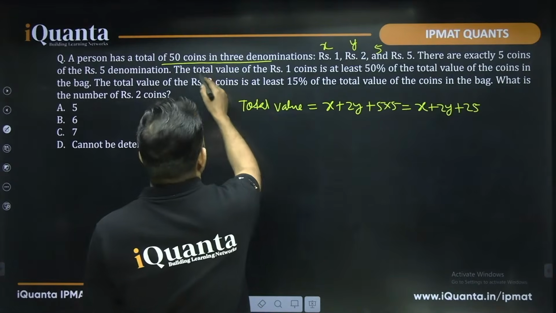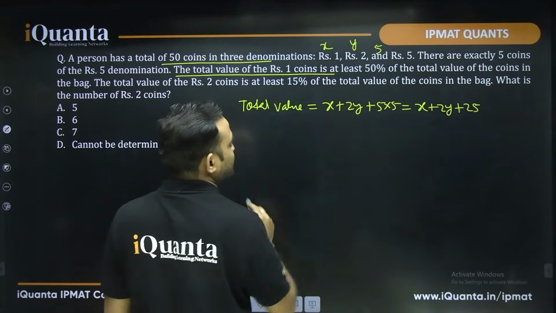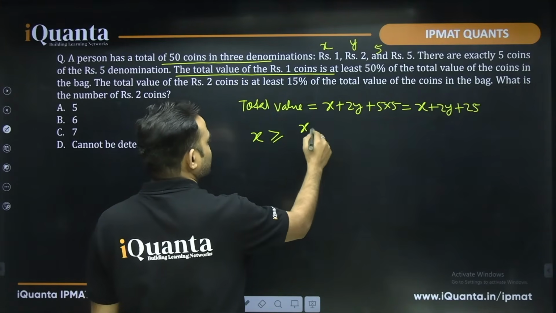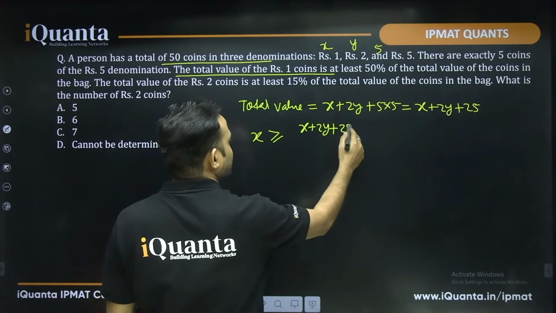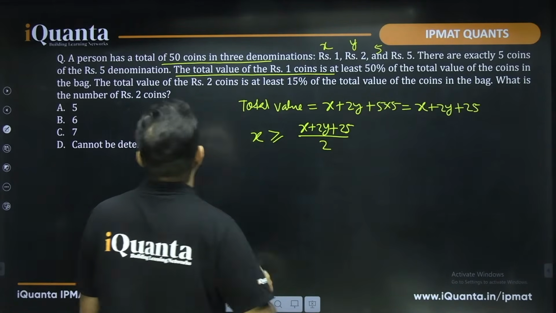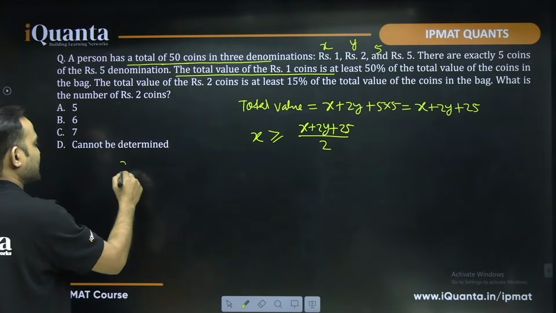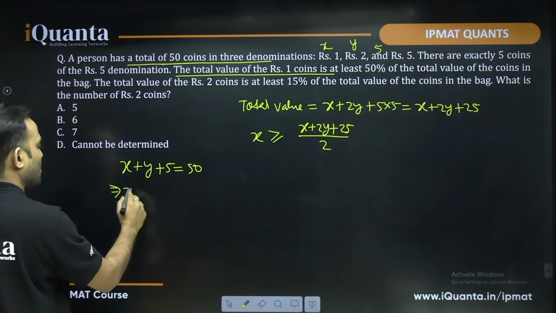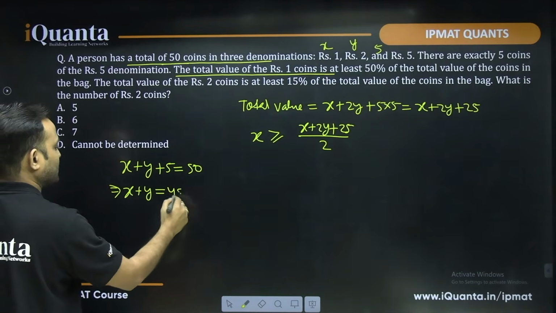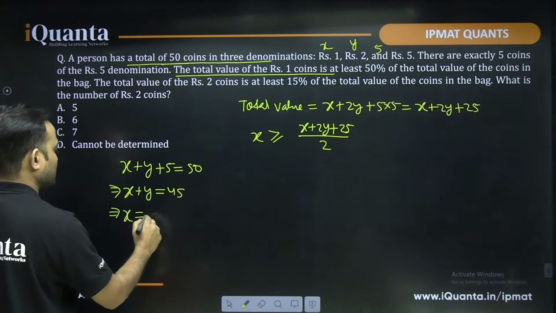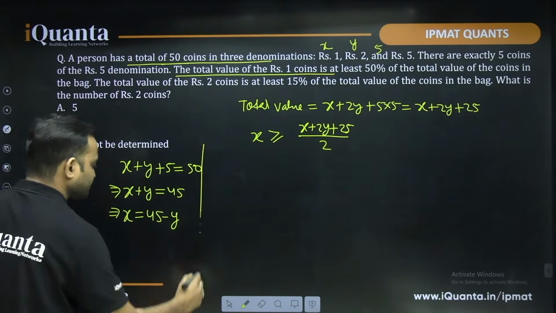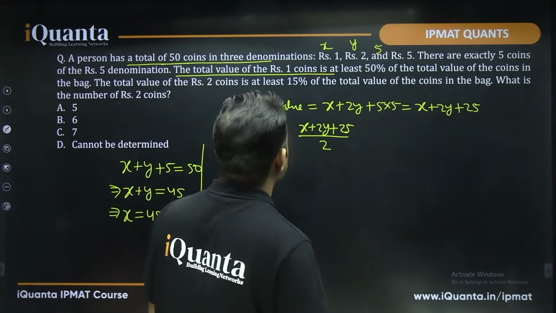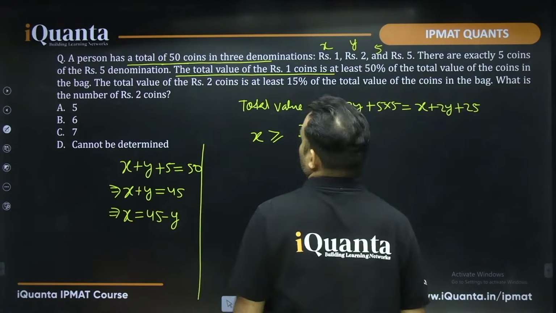The total value of rupees 1 coins is at least 50%. So X is greater than or equal to (X plus 2Y plus 25) by 2. Now one thing we know: a total of 50 coins, X plus Y plus 5 is equal to 50, or X plus Y is equal to 45, so X is equal to 45 minus Y, because we need to find the value of Y. The total value of rupees 1 coins is at least 50% of the total value of the coins in the bag.